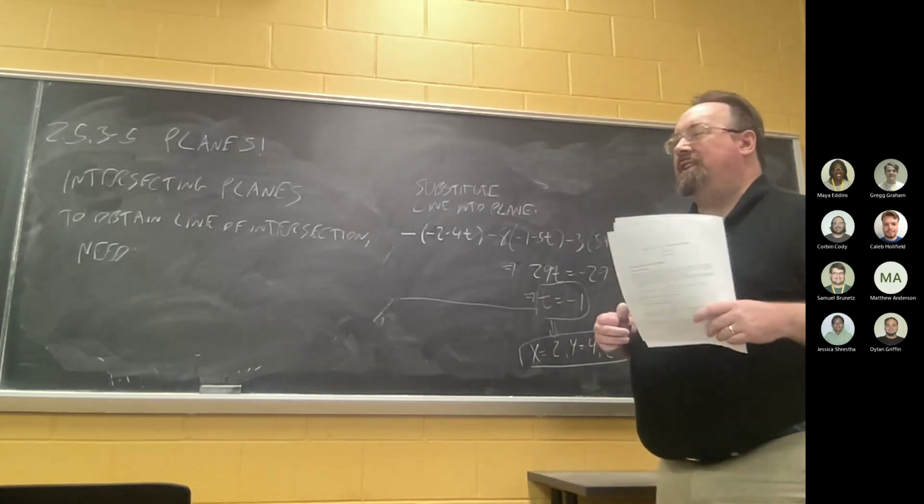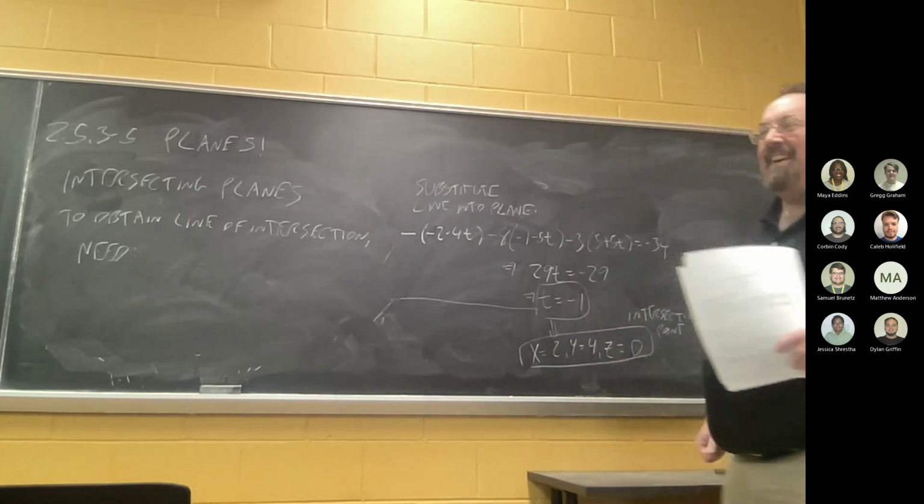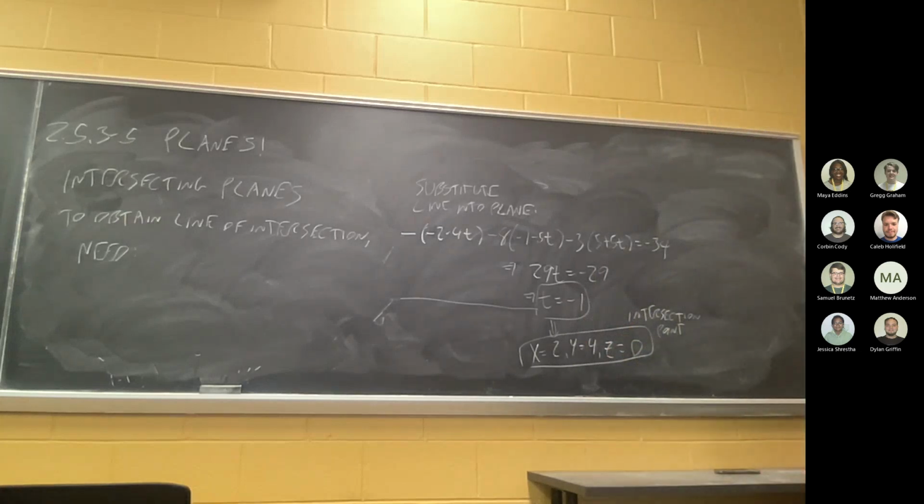So if you think of the vector equation of a line, which has been used so far today, whatever two vectors make up that equation, what do they mean?